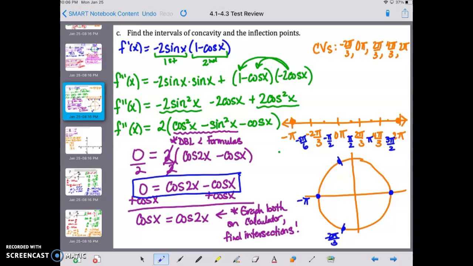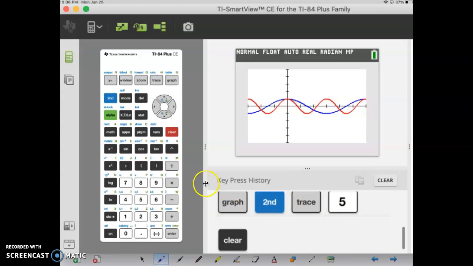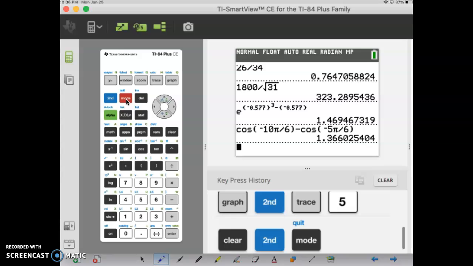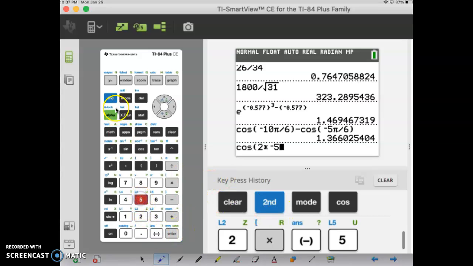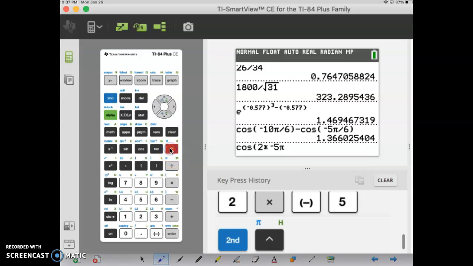So I am going to use my graphing calculator again because this is the easiest way to do this. So I'm just going to go to my home screen. And if I'm looking at negative 5 pi over 6, right? And I plug that in for x in both cases, I'm going to have cosine of 2 times, because it's 2x, so 2 times negative 5 pi divided by 6.